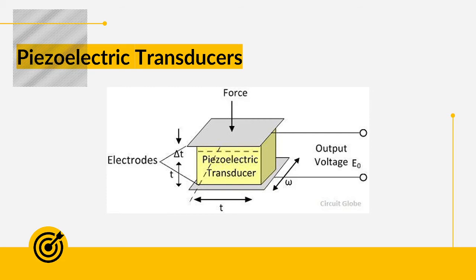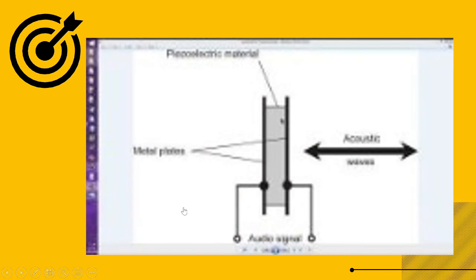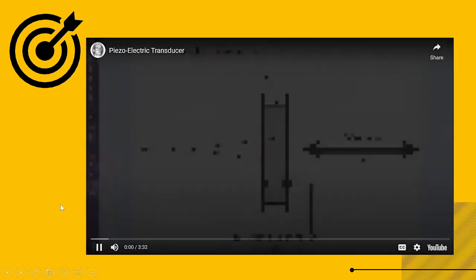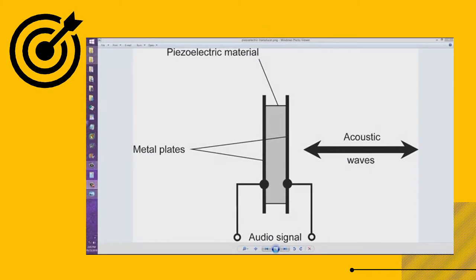To understand this one better, let's have this video. Here is a functional diagram, a pictorial diagram, of a device called a piezoelectric transducer. What it does is it converts sound waves into an electrical audio signal, or vice versa.